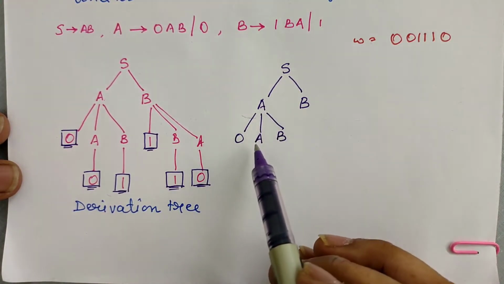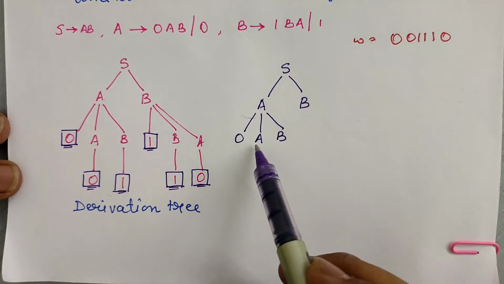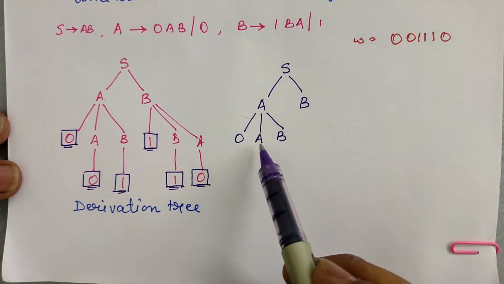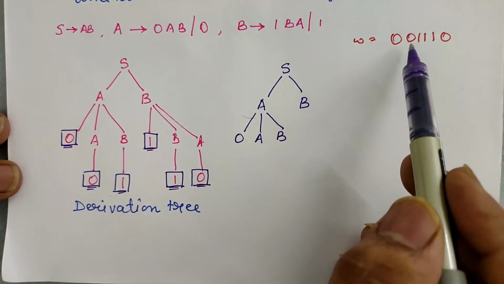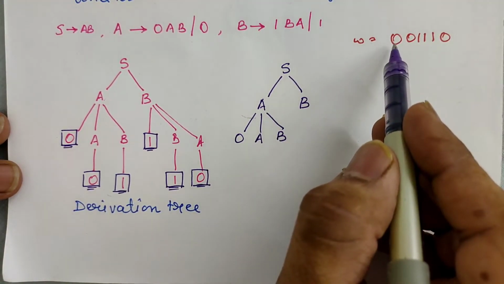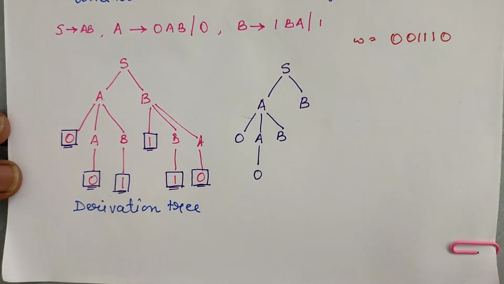Now again, since we are doing the leftmost derivation, this A needs to be explored first. So here this A should give me 0 to derive this string, because I have received the first 0.